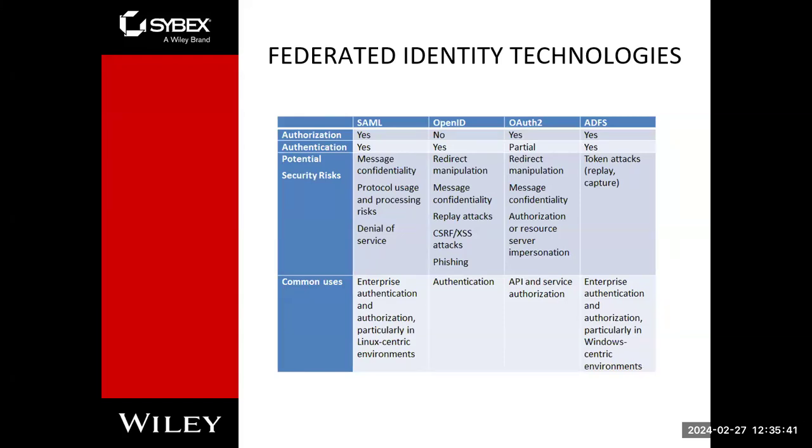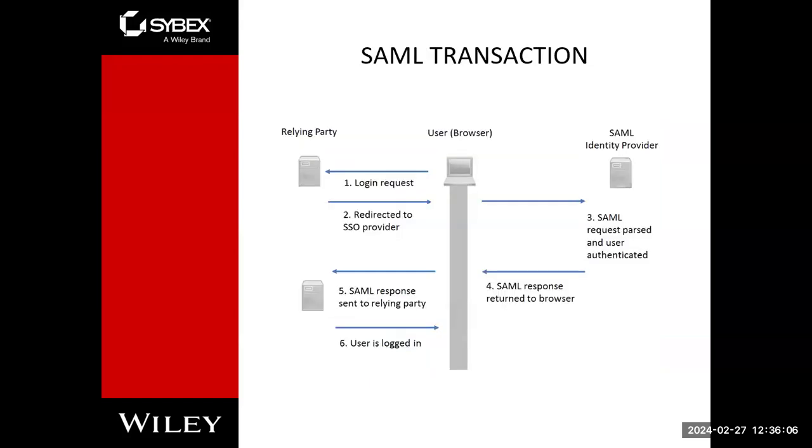So the technologies can also leverage things like SAML, OpenID, OAuth, ADFS. They reduce your security risks in these different fashions, and the common uses for them are a lot of API, enterprise authentication, authorization, or both.